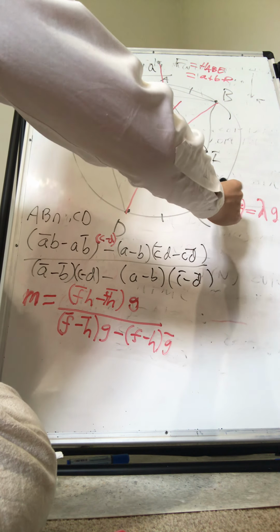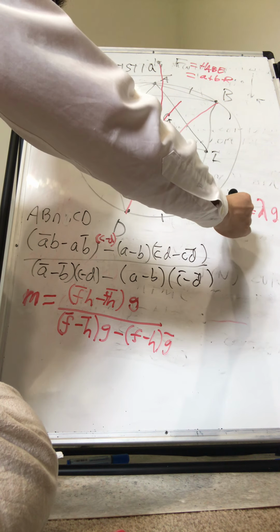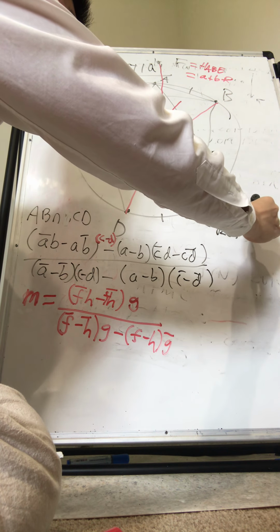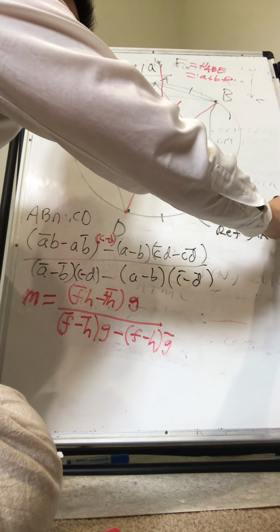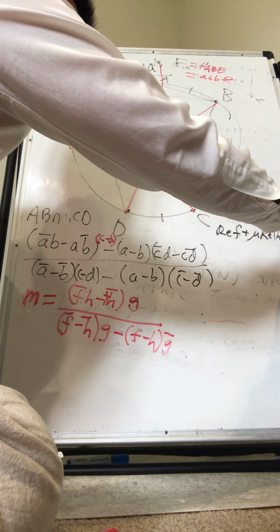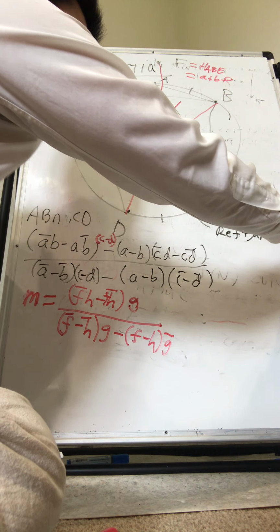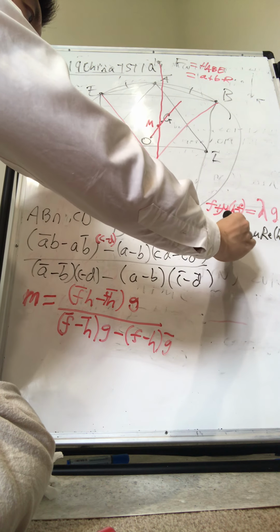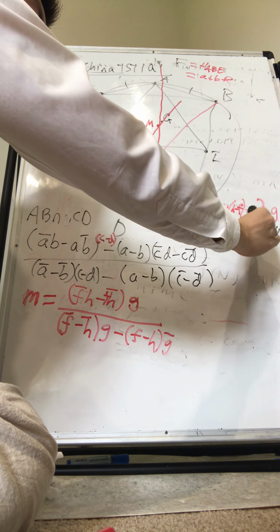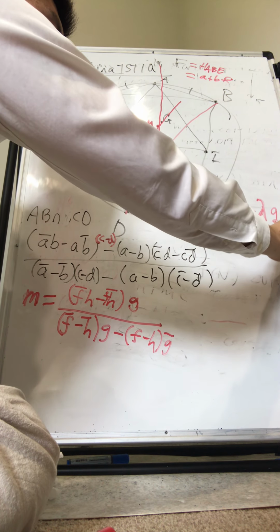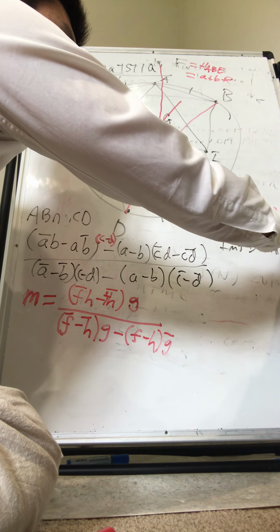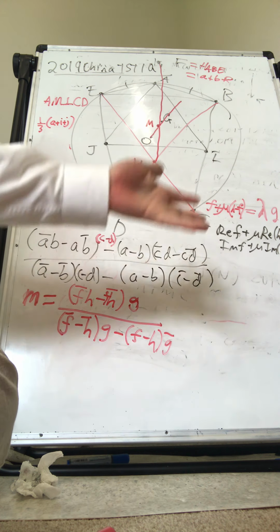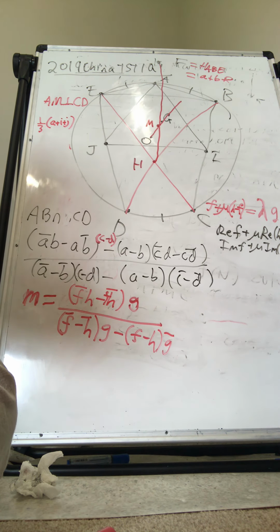If you take the real part, it's real F plus mu real (H minus F) equals lambda real G, right? You take the imaginary part, it equals lambda imaginary G. And now it's just two simultaneous equations, everything's real now.